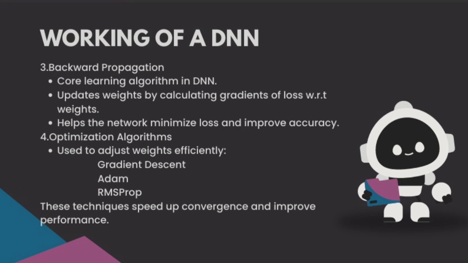To make this process efficient, optimization algorithms like gradient descent, Adam, and RMSProp are used to adjust weights in a way that speeds up convergence and improves performance. Together, forward propagation, loss computation, back propagation, and optimization form the basic working cycle of a deep neural network.